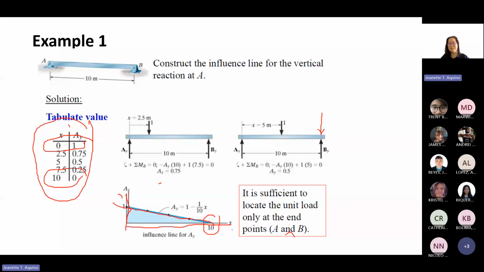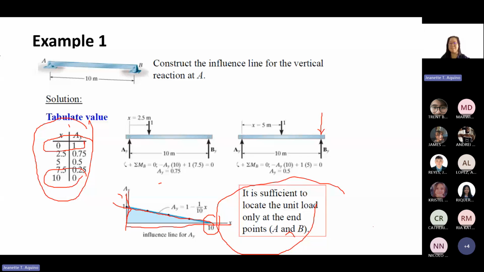It is sufficient to locate the unit load at the end points A and B. We don't need to do so many points, but at least you know how we arrive at these. If it's a simple beam like this, simply supported, you just need 2 points to be able to draw the influence line for reaction AY.